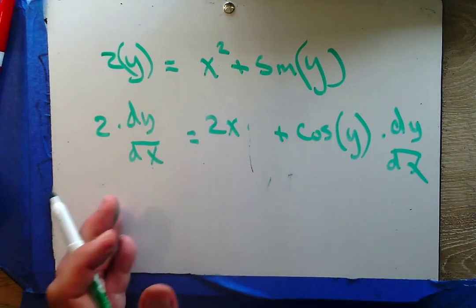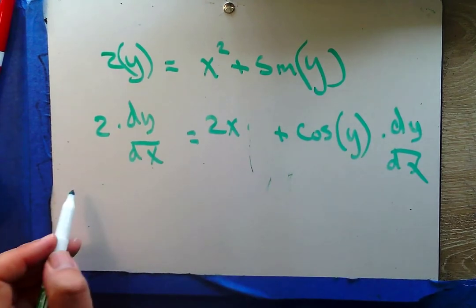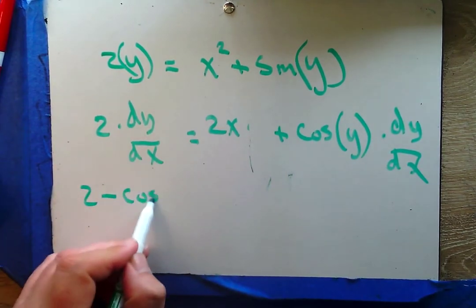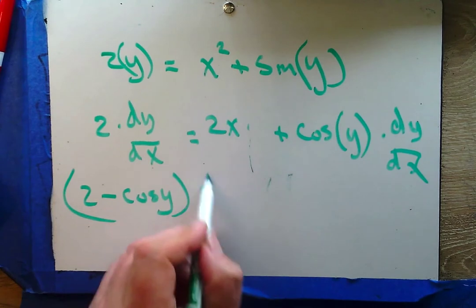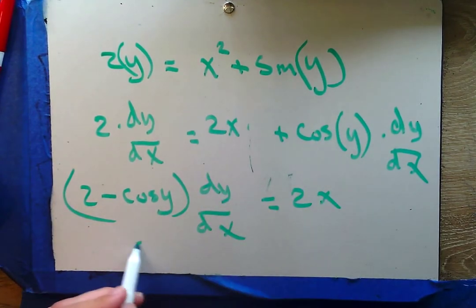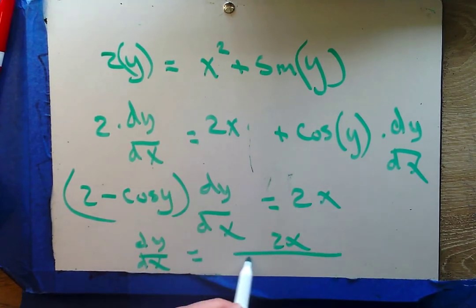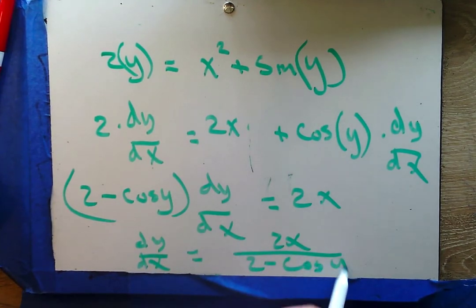Remember, we want to solve for dy dx here, so I'm going to move this over there and have 2 minus cosine y dy dx equals 2x, and so I know that dy dx equals 2x over 2 minus cosine y.